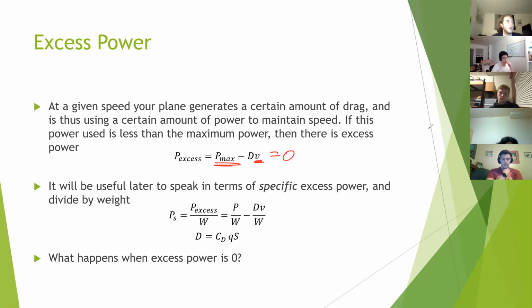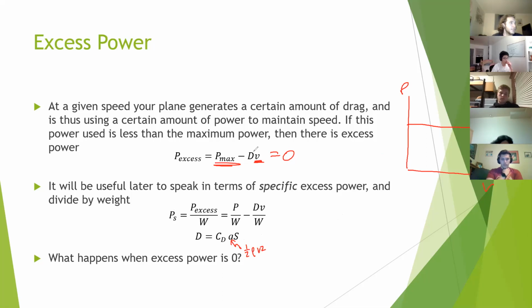So if you have a velocity versus power curve, you set a max power like this. And then remember that this Q, I don't know why they would write it in terms of Q, because this Q is hiding a 1/2 rho v squared.